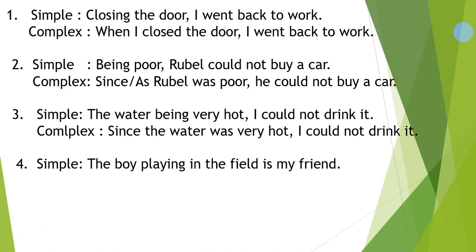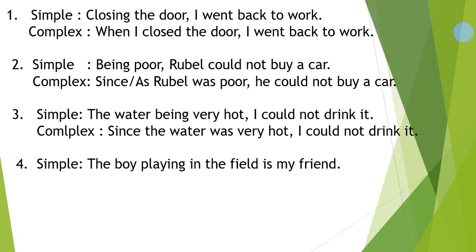Number 4. Simple sentence: The boy playing in the field is my friend. Rule: If the simple sentence is done by adding subject or NP plus present participle, it will be transformed into a complex sentence by expanding NP plus present participle into an adjective clause or relative clause.